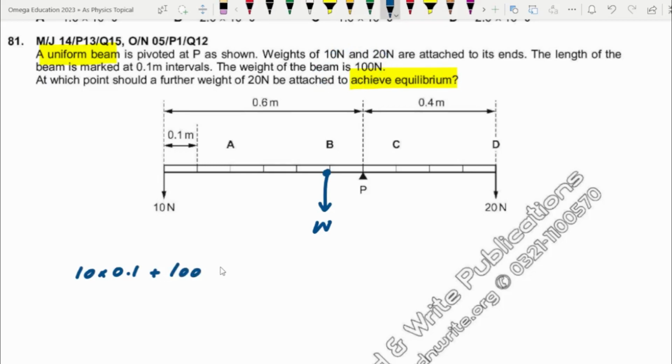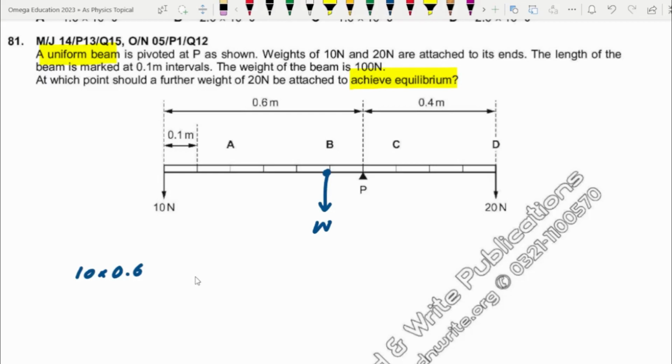So 100 times, sorry, the pivot is over here. This is your pivot. So 10 Newton times 0.6, because the force was 10 Newton, and the distance of that force from the pivot is 0.6.